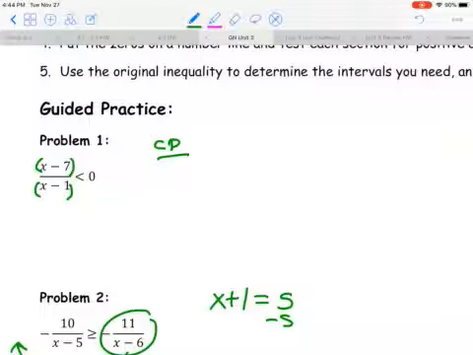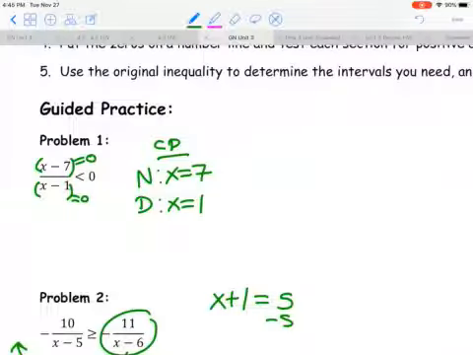For the numerator, the critical point is wherever we get this equaling 0. So if you undo it, plus 7, x is 7. With the denominator, if you set this equal to 0 and solve it, we get x equals 1. The reason we separate numerator and denominator is because the brackets only go on numerator pieces if we have a bracket in our final answer.